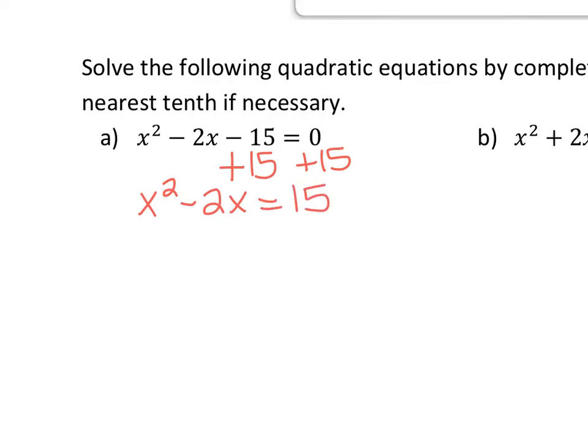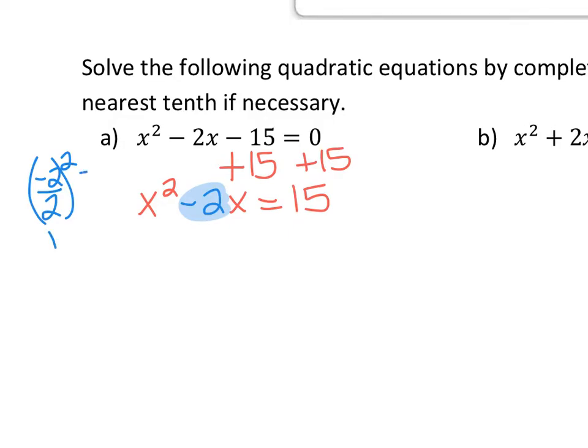Okay. So what I want to do is take this b term, which is negative 2. Off to the side, I'm going to take b, which is negative 2, divide it by 2, and then square it. And you're always going to do that: b term, divide by 2, then squared. So negative 2 divided by 2 is negative 1, and negative 1 squared is 1.